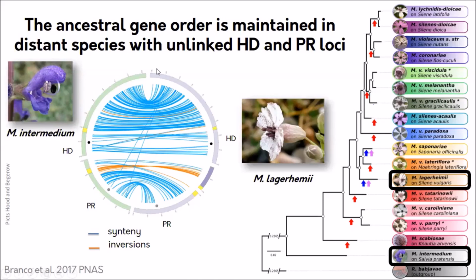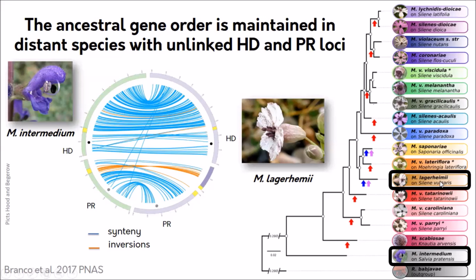And so here, when you compare the synteny of the mating type chromosome, so the PR chromosome, the HD chromosome of these species against these other species that are very distant, right? They have remained syntenic, these two ones.